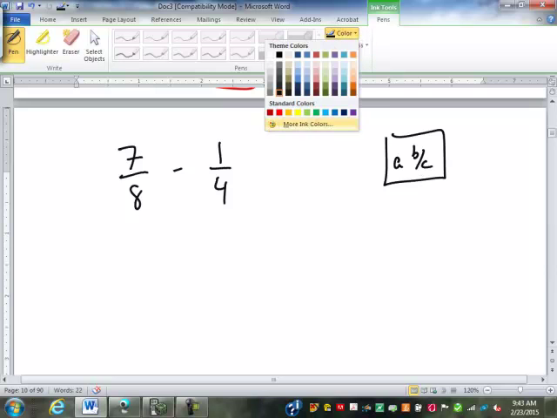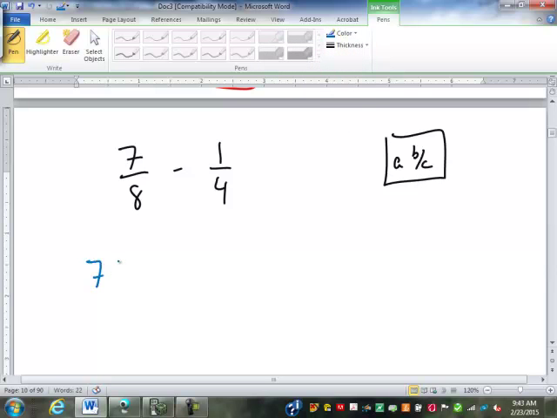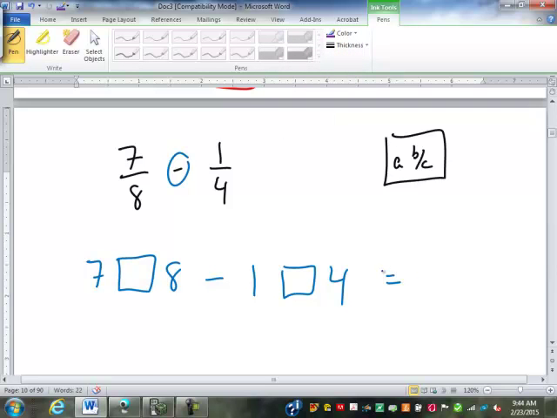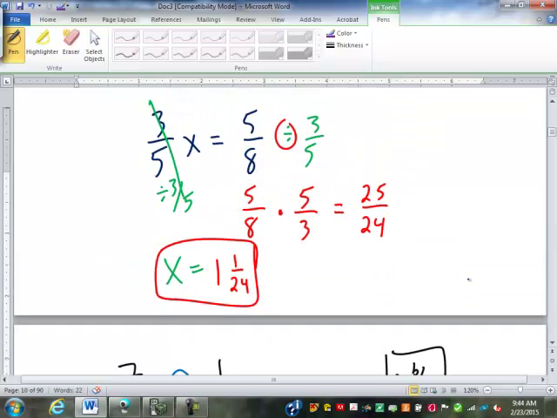So to enter 7/8, you do 7, press the ABC key, and 8. That's 7/8. Then minus 1/4 would be 1, hit the ABC button, and then 4, and hit equals. And it should spit out 5/8, right?